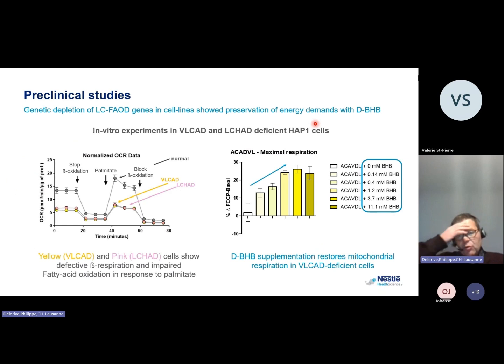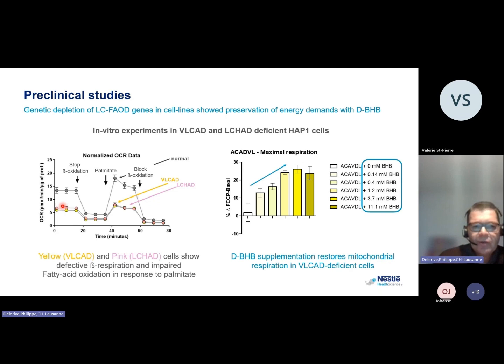First of all, we wanted to substantiate the impact on energy deficit, and to do that, we started by generating cell lines deficient for key genes in FAOD. These are the two cell lines depicted here. We have a wild type parental cell line in black, and we generated a VLCAD-deficient and an LCHAD-deficient line. Those are CRISPR edited, verified by sequencing, and they are full knockouts.